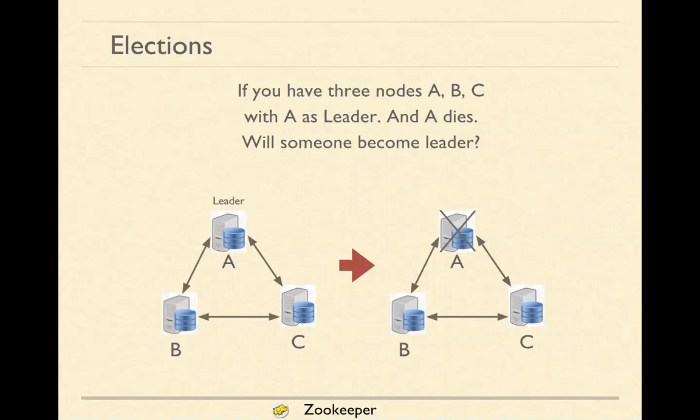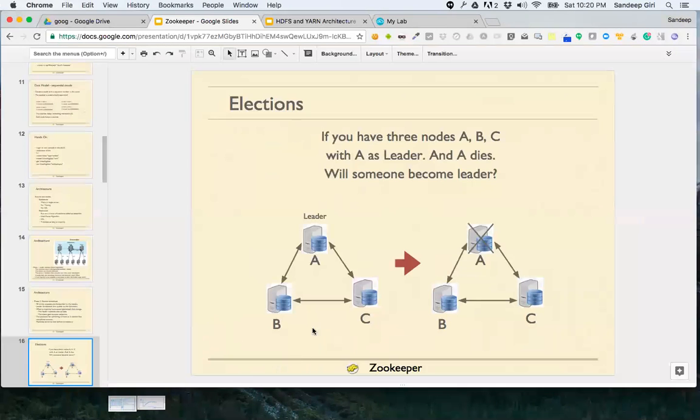A is not available anymore. The question is, will someone become the leader? Yes. Correct, because 2 is still a majority out of 3. Out of 3, 1 is less than half, 2 is more than half. Therefore, there will be a leader.